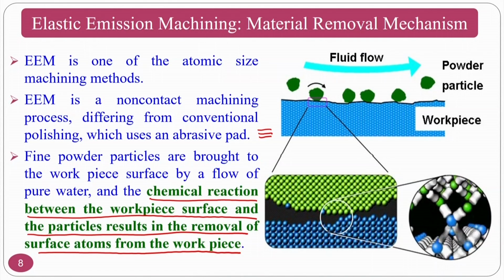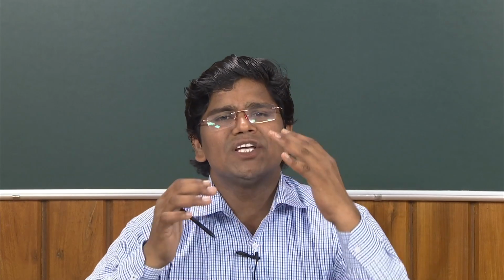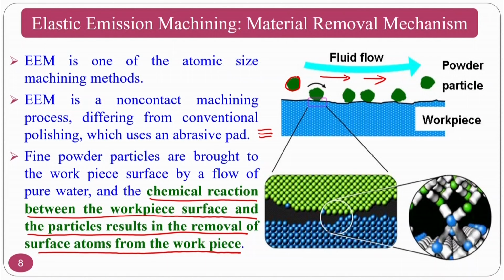Schematically, if you can see, your fluid, that is the carrier fluid, is flowing like this, and abrasive particles are also there in the carrier medium, that is called the slurry. Slurry is a combination of your carrier fluid plus abrasive particles. Okay. So, this is what is happening whenever the abrasive particle is in contact with the workpiece.